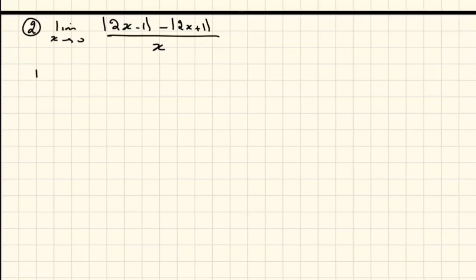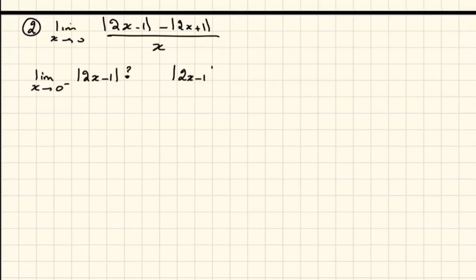Now, limit as x approaches 0 from the left, it means we're talking about the negative side, or 0 minus. Let's check what happens to this 2x minus 1. Now, imagine you are substituting 0 minus, or like minus 0.0001, or replacing 0 by itself. You will get inside a negative answer.